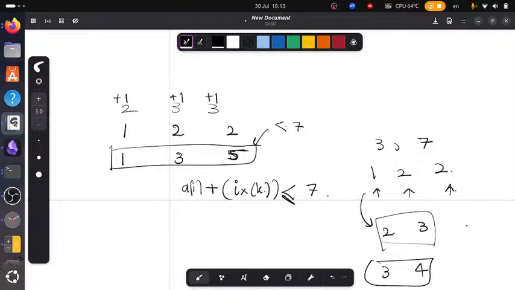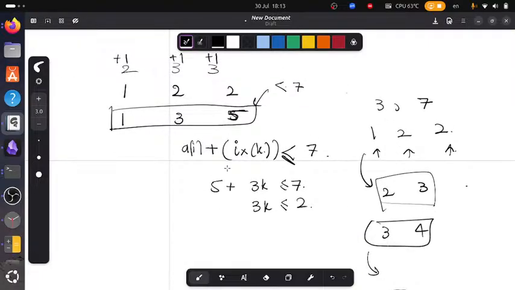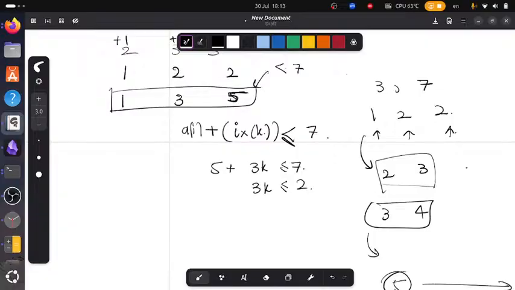This becomes 5 plus 3k is more than or equal to 7. 3k is more than or equal to what? 2, right? So k is more than or equal to 2 by 3. In this case, we have 1 day only.